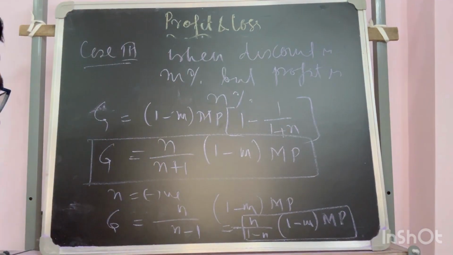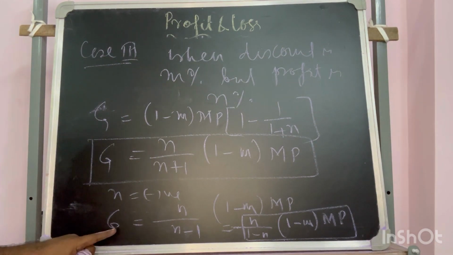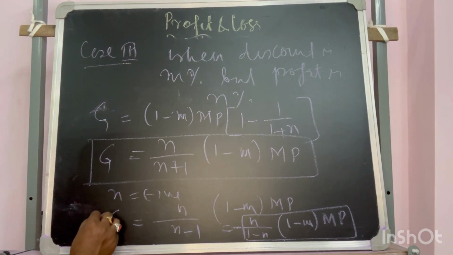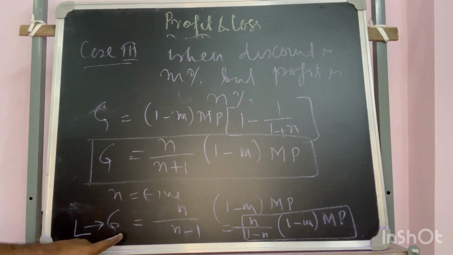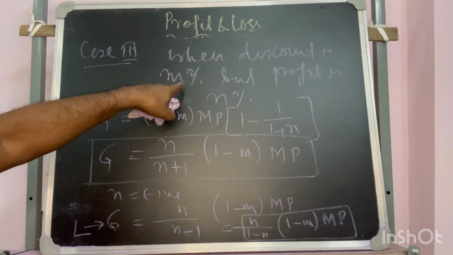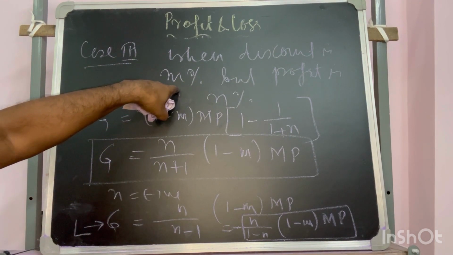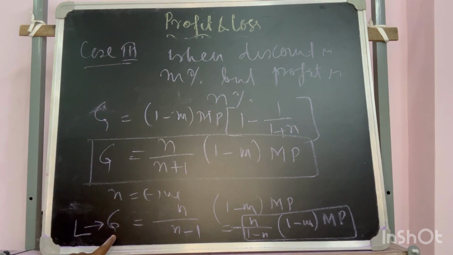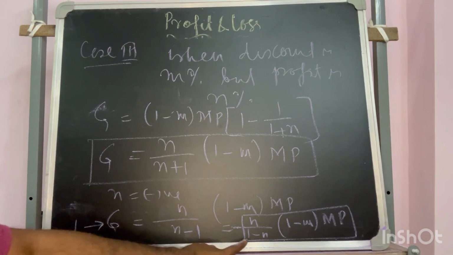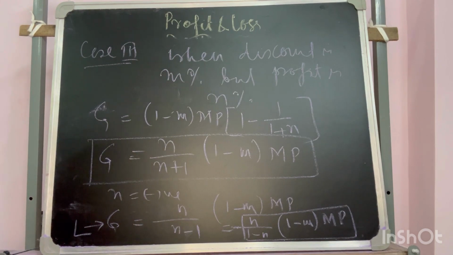But minus is coming, that means instead of gain, he will make loss. So this is definitely a loss. So he will never gain if discount is given m and he is losing l. Ultimately there is no gain, you will lose in the business.